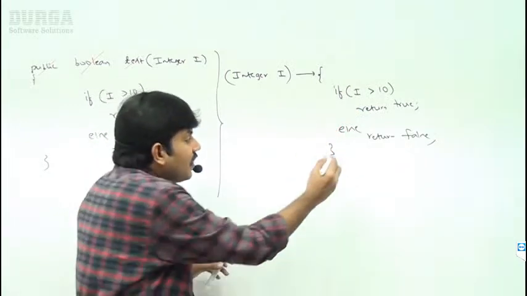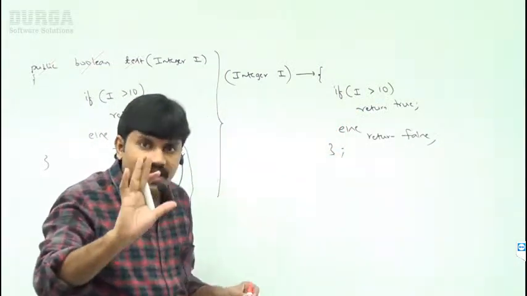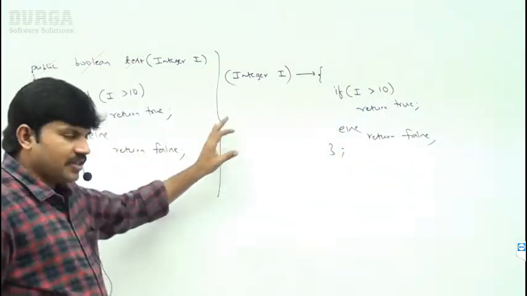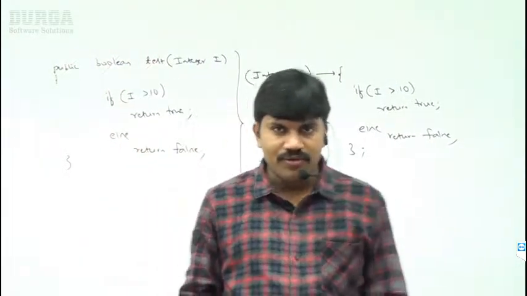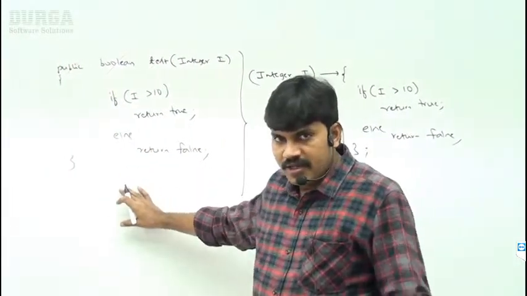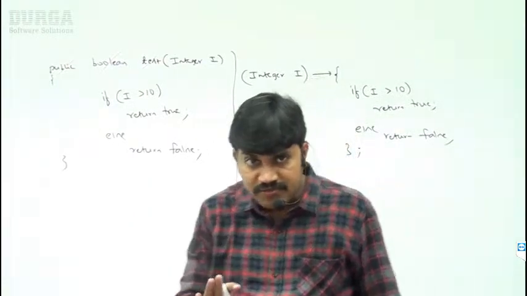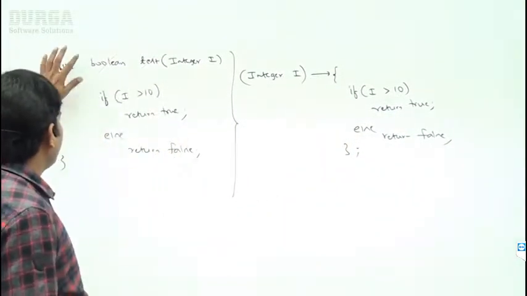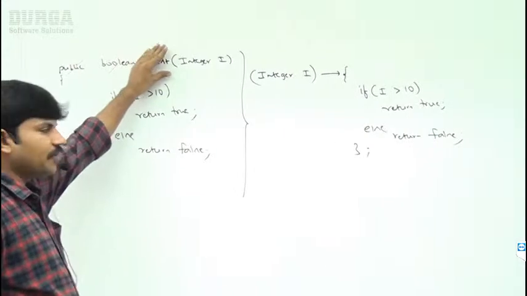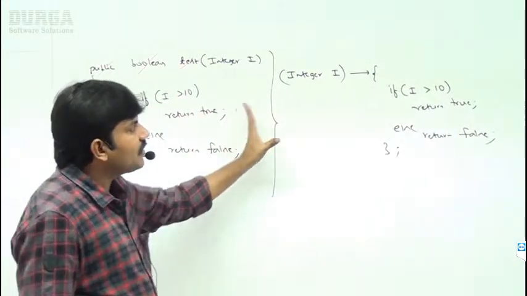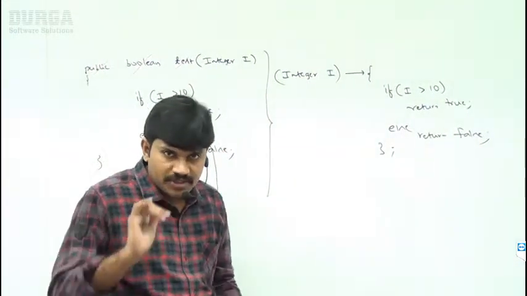That's all. This is the equivalent lambda expression for the given method. How to write a lambda expression? If I have a Java method, how do I convert it into a lambda expression? It's very clear: simply remove the modifier, remove the return type, and remove the method name. This is the corresponding lambda expression.